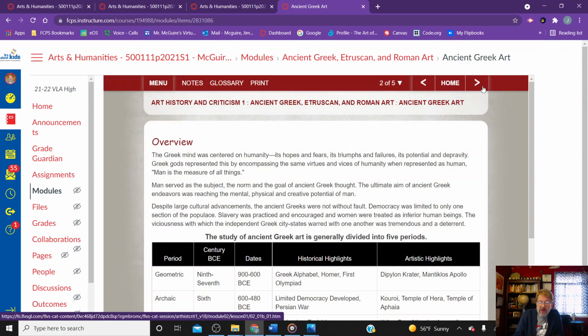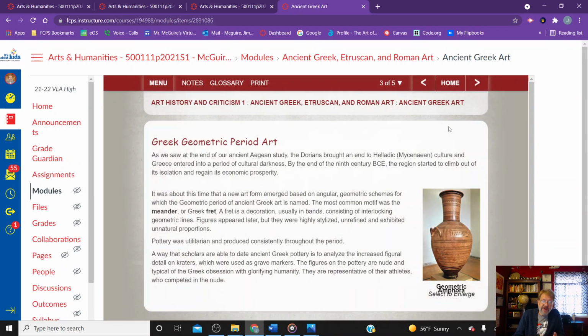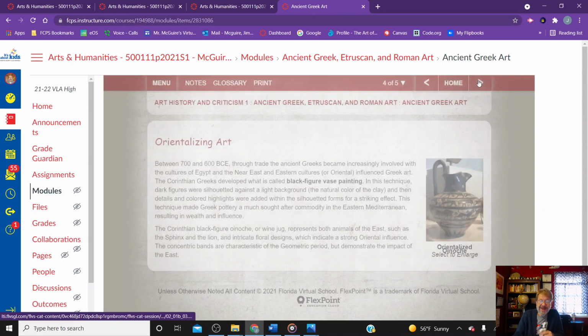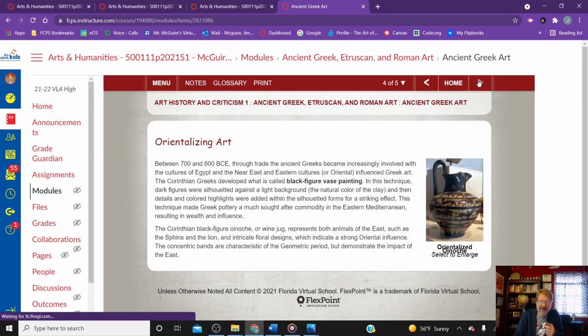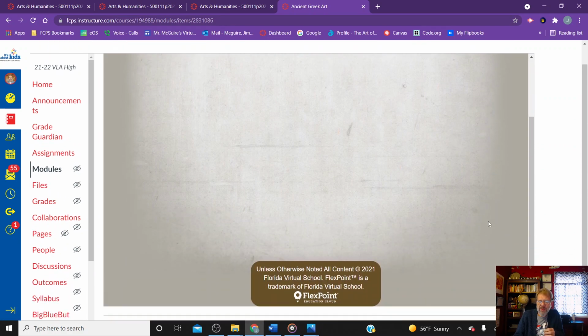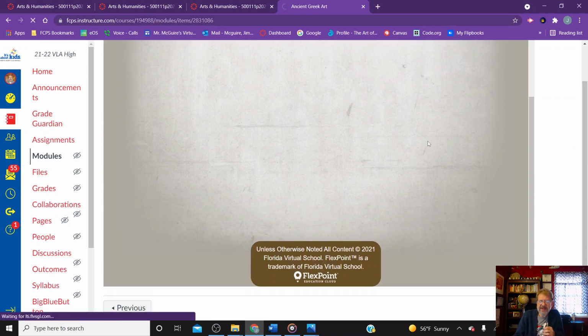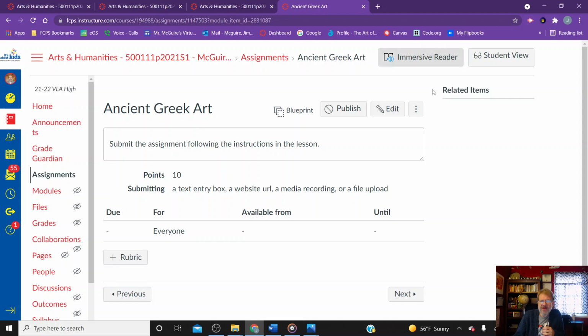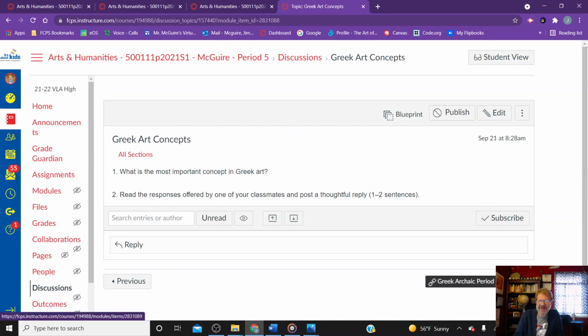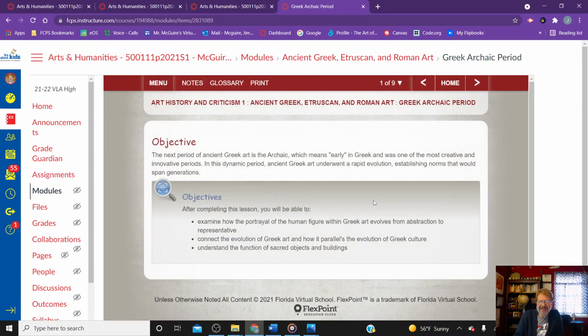How do we know that, for instance, that we're looking at a geometric piece of art versus an archaic piece of art? We look at archaic, we're going to look at that, archaic. That smile, if you remember, they had that horrible smile that we can't forget.